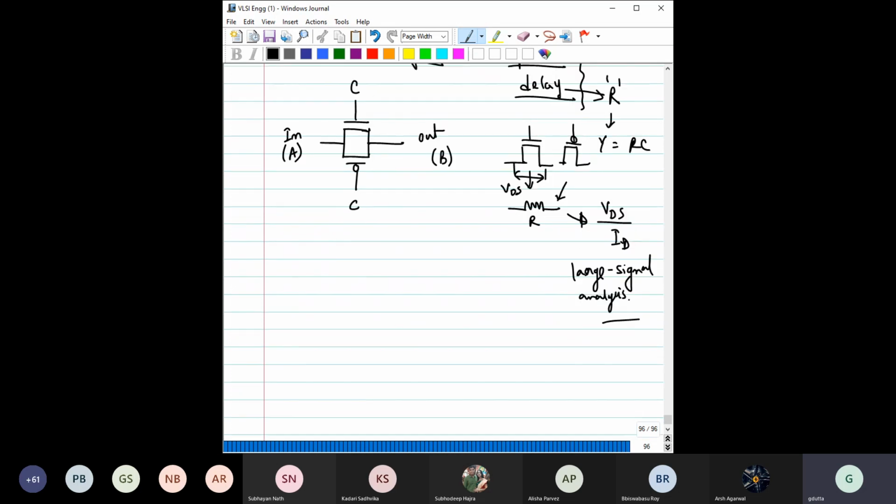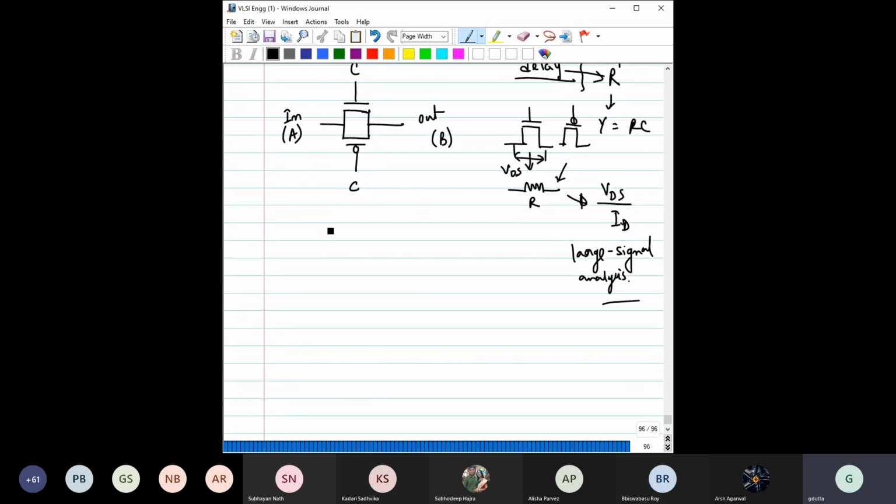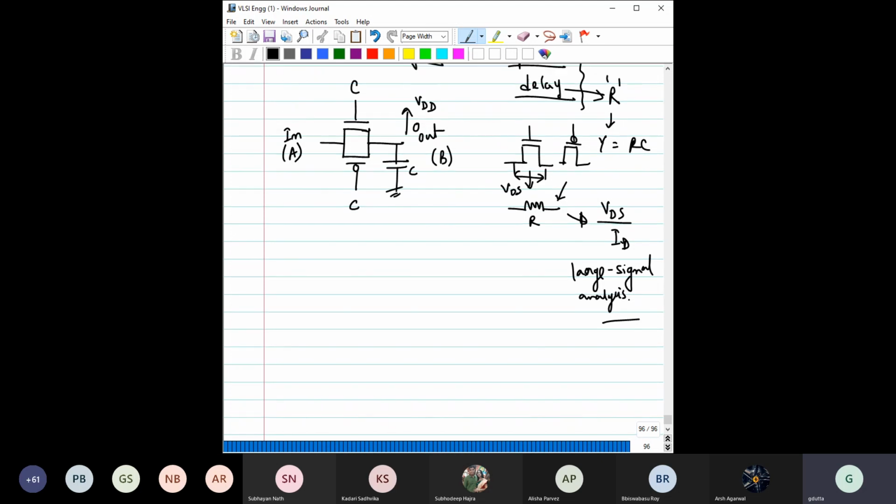So let us see how these resistances would vary for a transmission gate if the output is a capacitor and the output voltage has to change from 0 to VDD. Here one thing, this should be C bar.